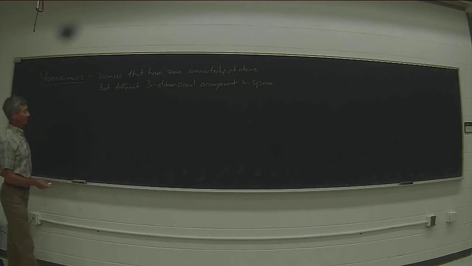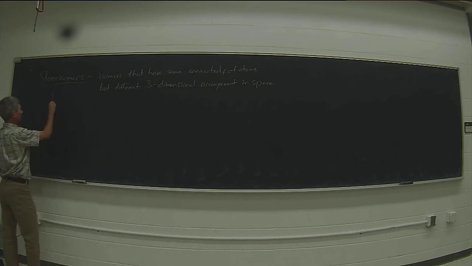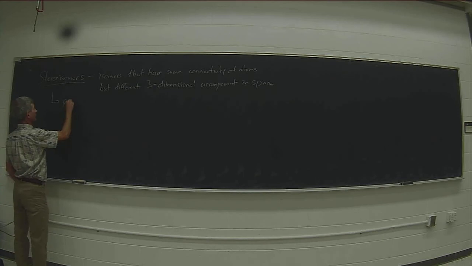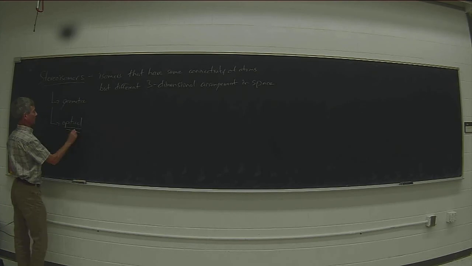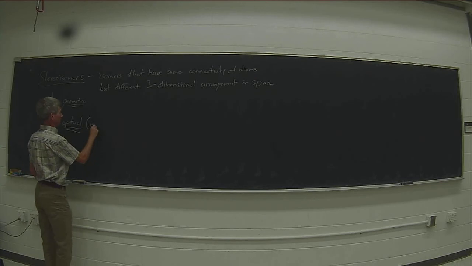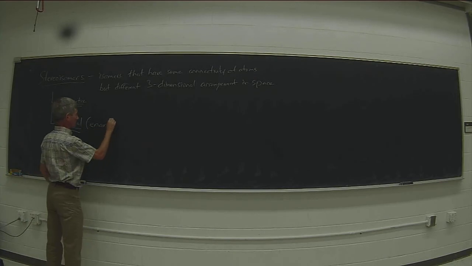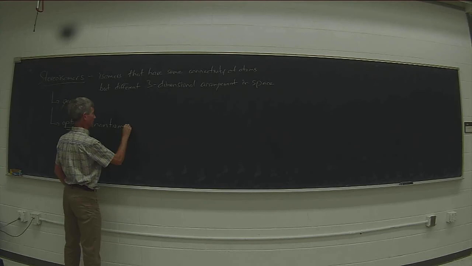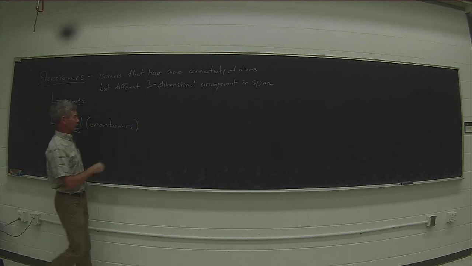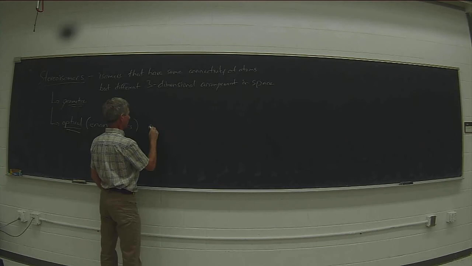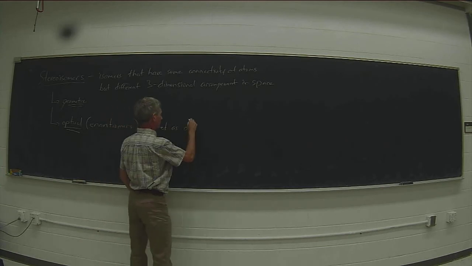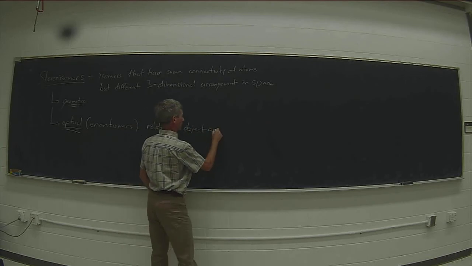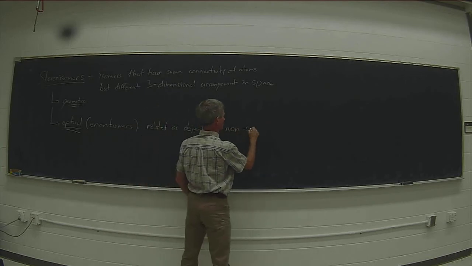We introduced stereoisomers, and we broke that down into subclasses: geometric isomers and optical isomers, which are also referred to as enantiomers, where optical isomers are related as object and non-superimposable mirror image.